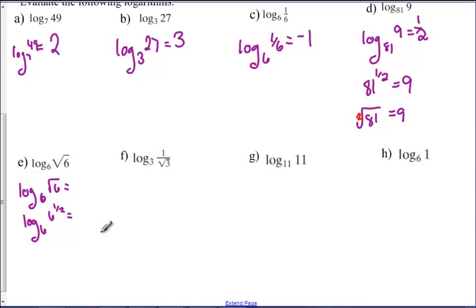You guys are trying to make this super hard. 6 to something equals 6 to the 1/2 power. Just a half.